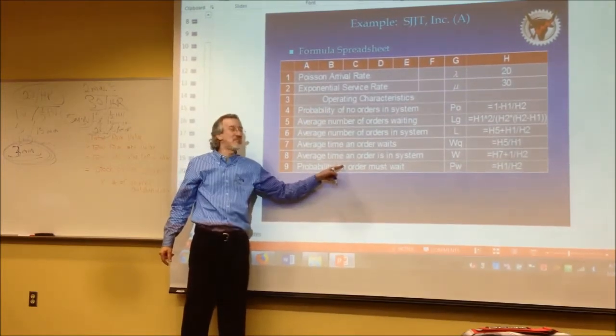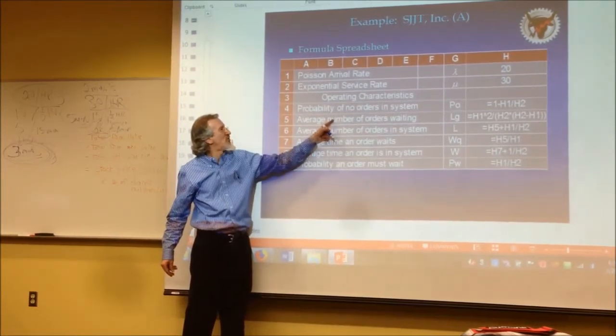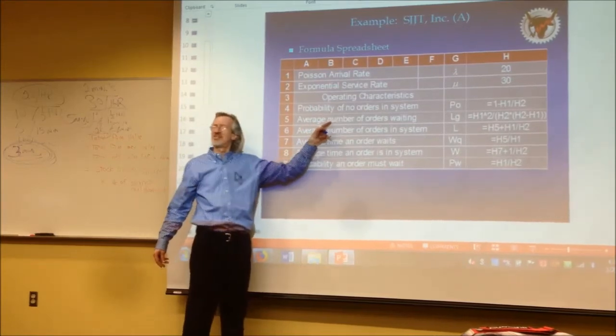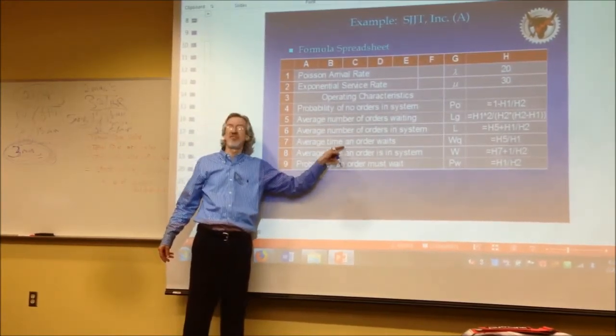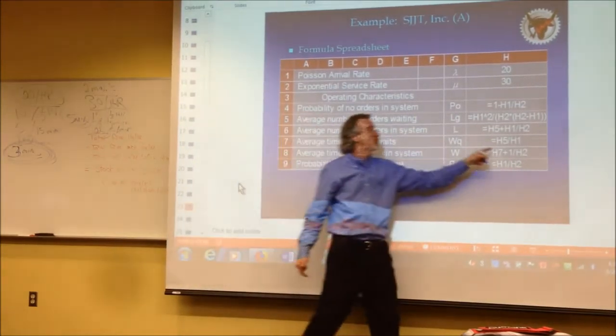That one at the bottom, probability an order has to wait, same answer. Average number of orders waiting, I think it'll be per 5 minutes. I can't remember on these two, but these two will definitely be different. The average time an order spends in the system doesn't change.